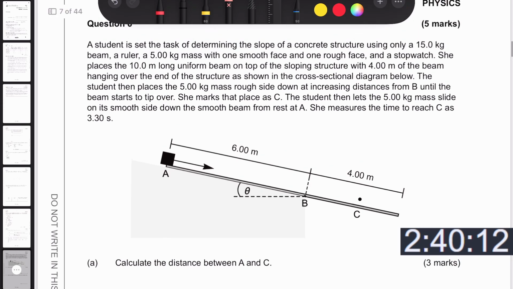From rest at A, angle theta. She places the 10 meter long beam on the sloping structure.